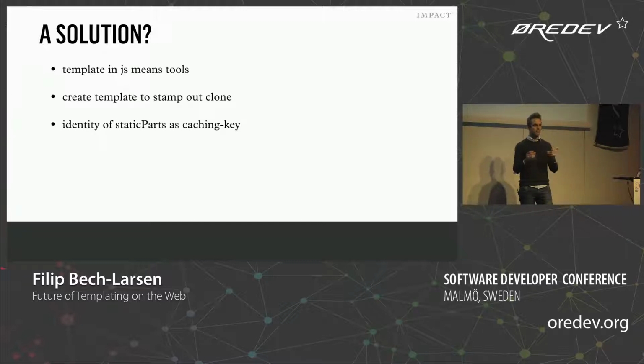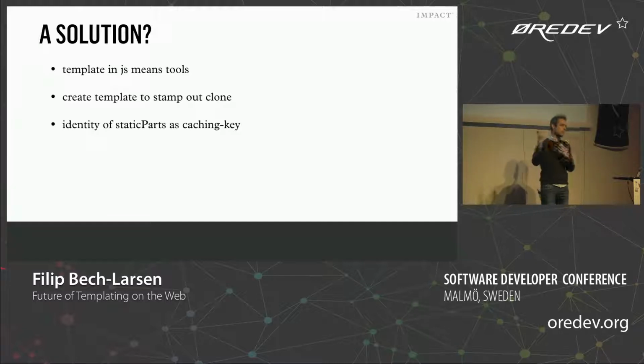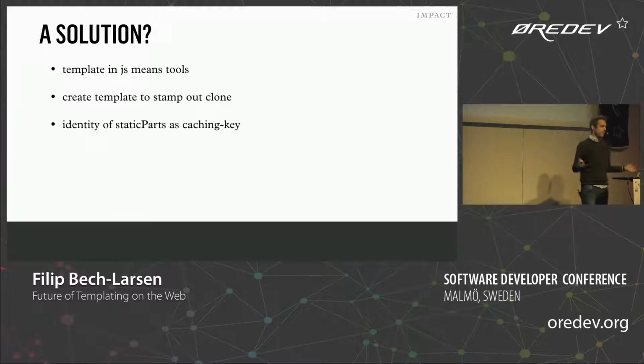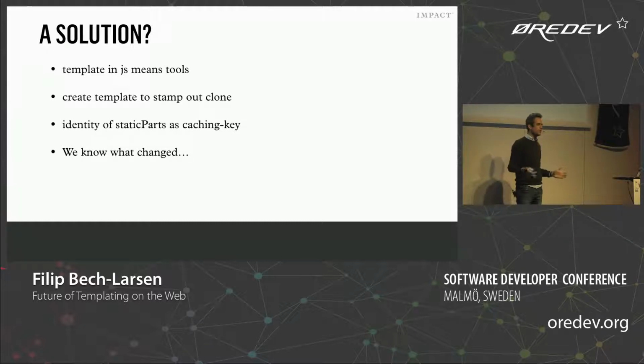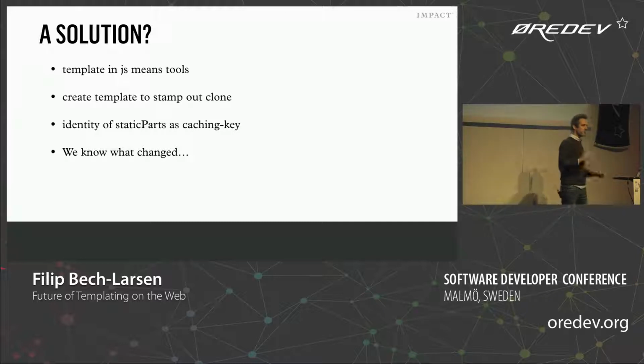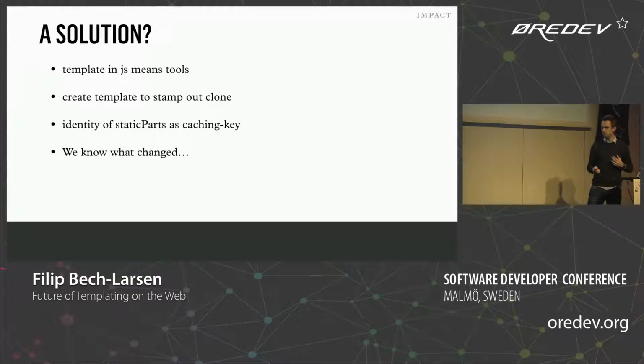So we don't need to pass the templating function around to have the caching. We can have the framework handle the caching automatically, because once it sees the same thing, it's just the same template. And we know exactly what has changed. So we can be very efficient about only updating what could change with what has actually changed. So this is pretty cool.